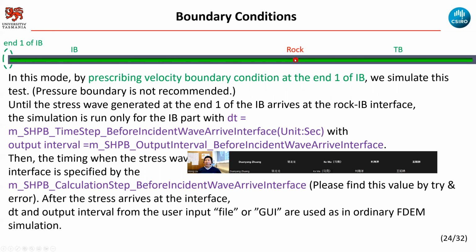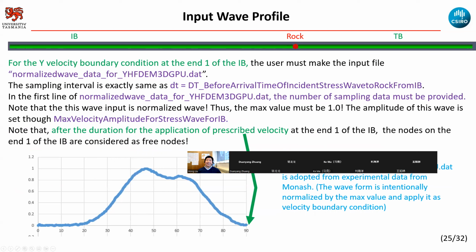But when the stress wave propagates to the rock sample, we need to change this and use a smaller DT, 2 nanoseconds, which we specify there. We put the impact through the boundary condition, so we are getting a velocity boundary. A velocity boundary means we give a waveform like this. You can see here the waveform is normalized, with a maximum of 1.